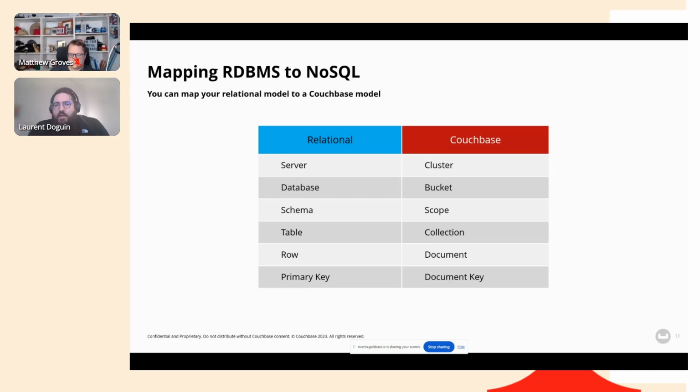Here it compares to a collection. A row would compare to documents, and a primary key, which is the thing that people are using to build a relationship in SQL database, here is compared to a document key, which you have in every key value store. We're going to talk about how to properly design keys in a NoSQL database because it's paramount for NoSQL data modeling.